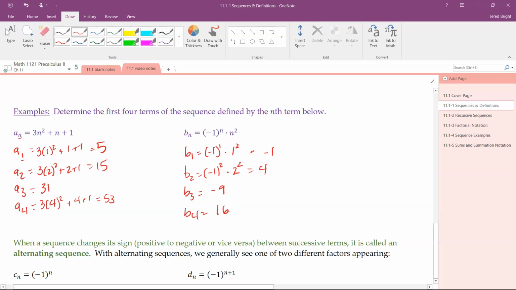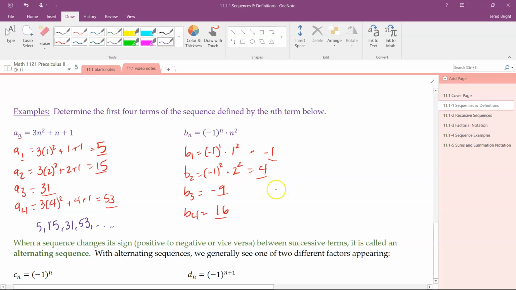So I found the first 4 terms in each of these sequences. If I were to see these sequences in nature or just in a book, I would see them expressed as 5, 15, 31, 53, and so on and so forth.